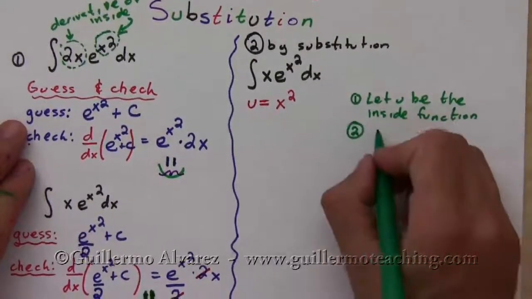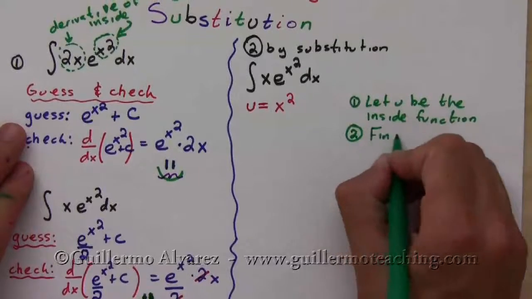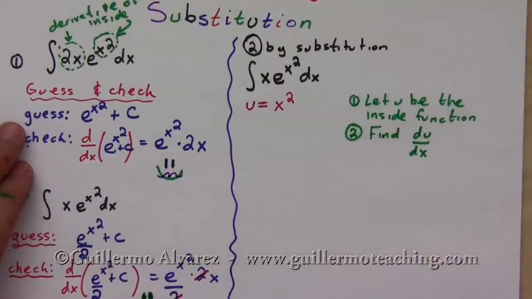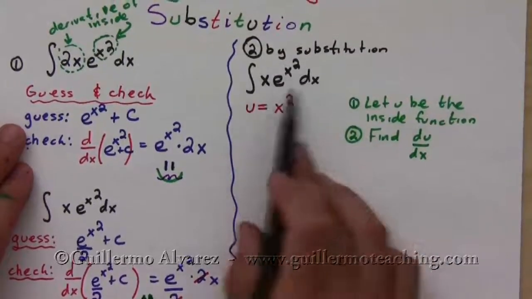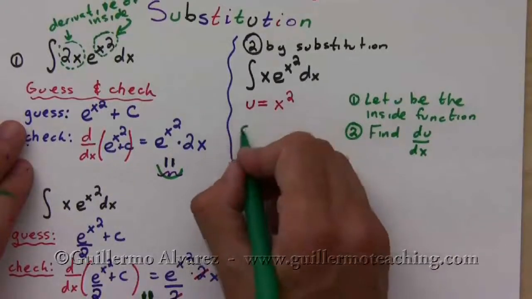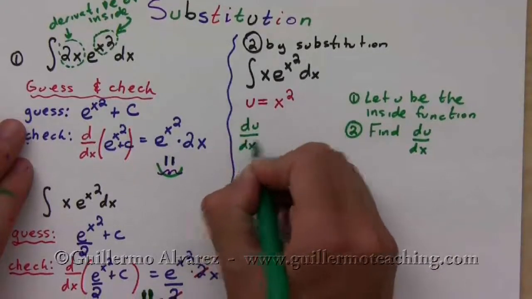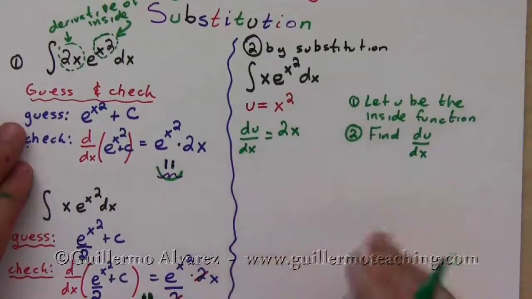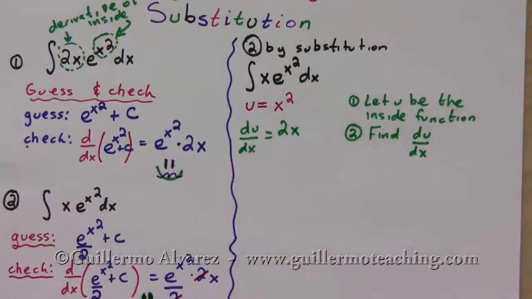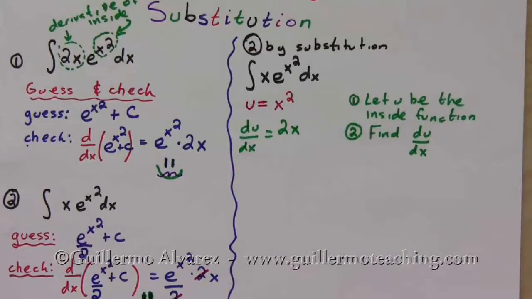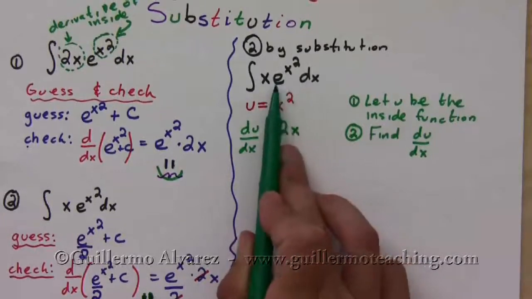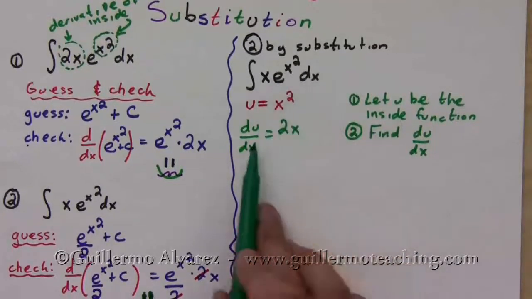And then the next thing we're going to do is find the derivative of u with respect to x. In this case, with respect to x, if these were all t's, it would be with respect to t. But it doesn't really matter. So the derivative of u with respect to x is 2x. Okay, now what we're trying to do is replace everything that's x here with u's.